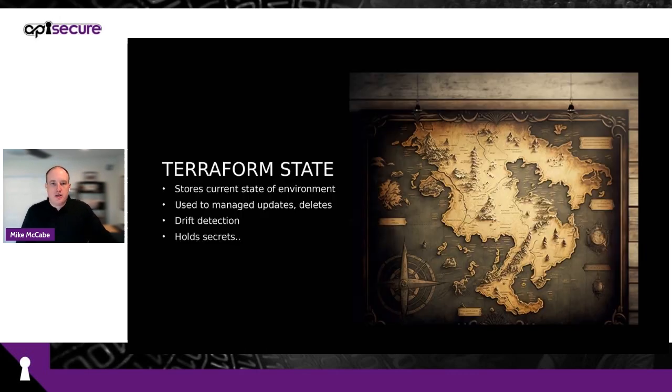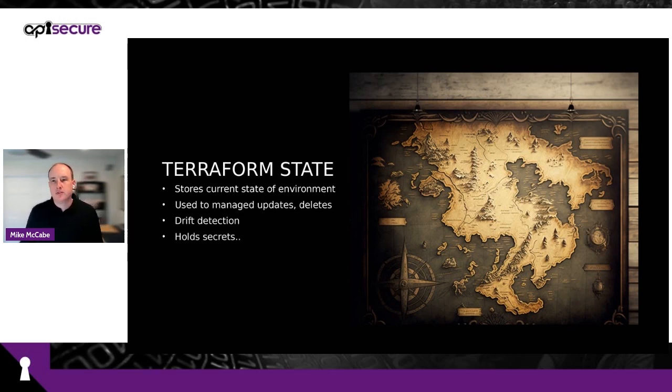So as I mentioned, the Terraform state holds the current state of the environment. They are implementing drift detection in Terraform Enterprise and Terraform Cloud, so that's something that's going to be in line with what we do with CloudFormation drift detection. So that's definitely a good thing.